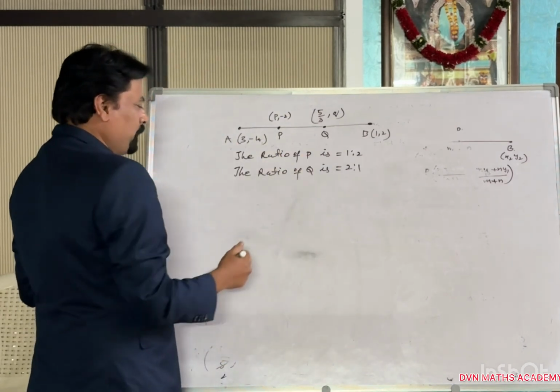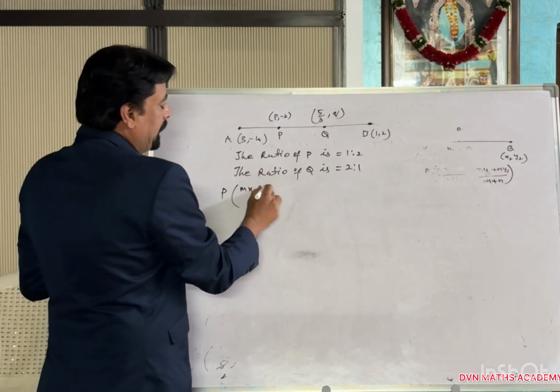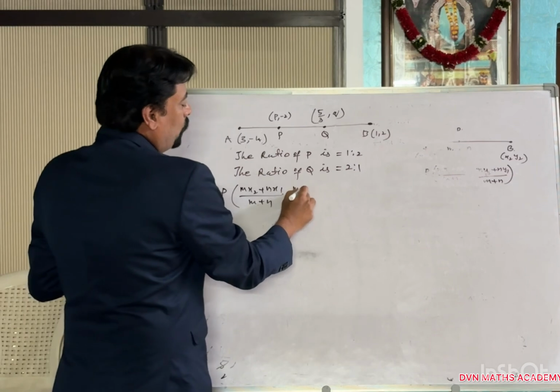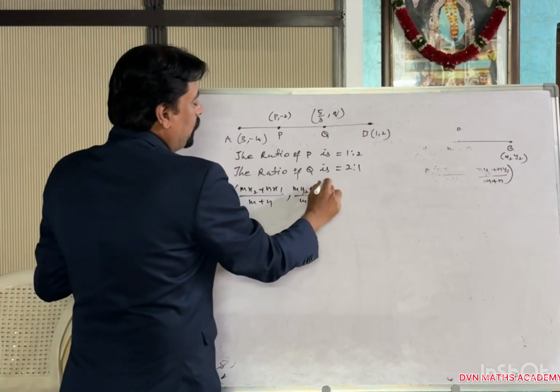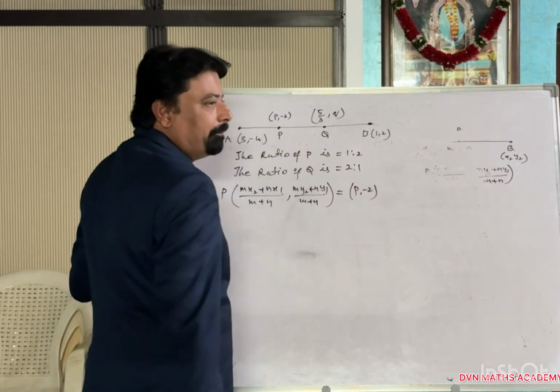For example, if I use the section formula, the coordinates of P are (m x2 + n x1)/(m + n), comma, (m y2 + n y1)/(m + n). This point is given already as (p, -2).